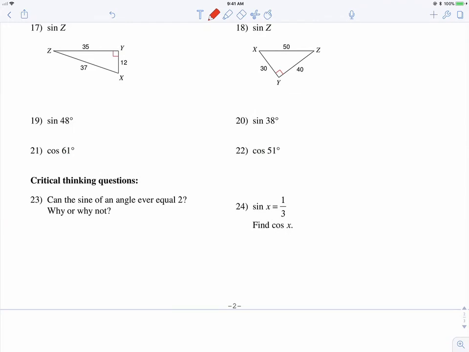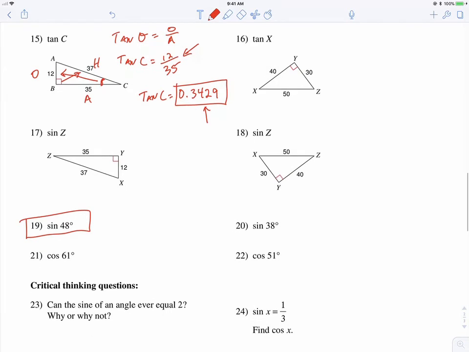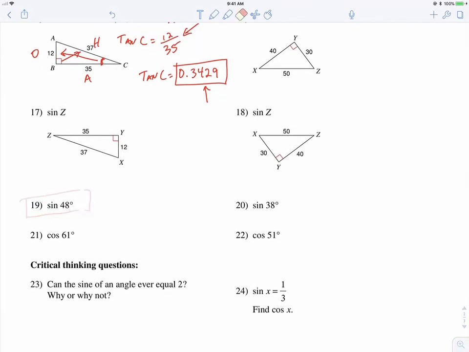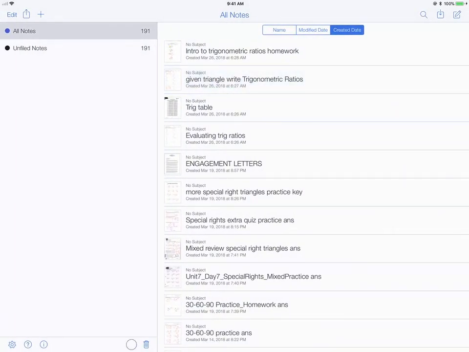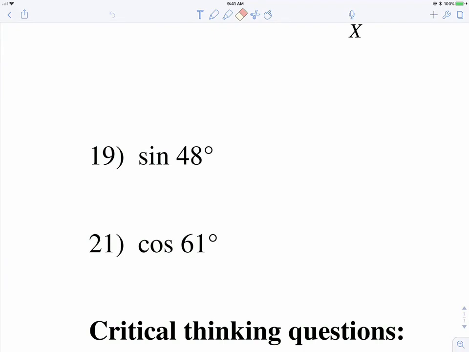Now, these are the interesting ones, where I don't give you a triangle. Someone's already worked out these ratios, but they never express them as fractions. They express them as decimals rounded to the nearest thousandth. So when you're asked to find the sine of a degree measure like this, you have to use a table. We want sine of 48 degrees.